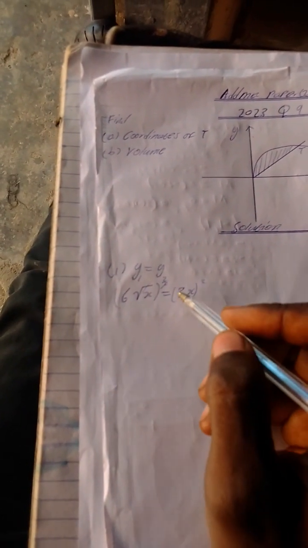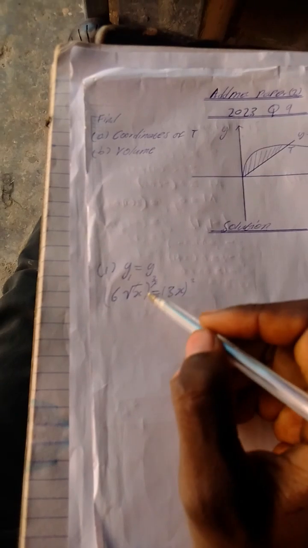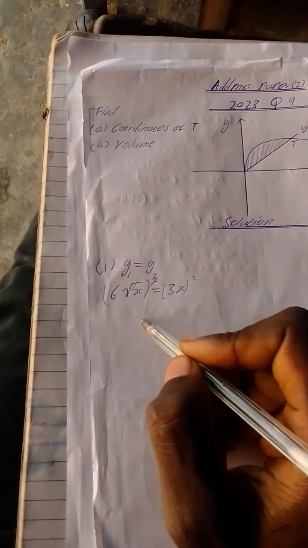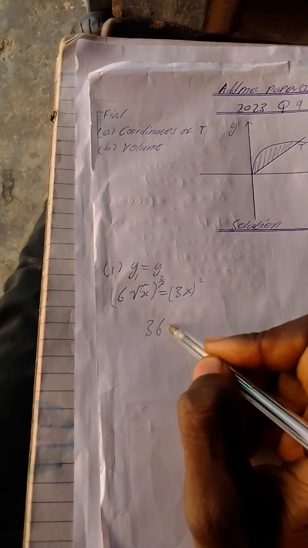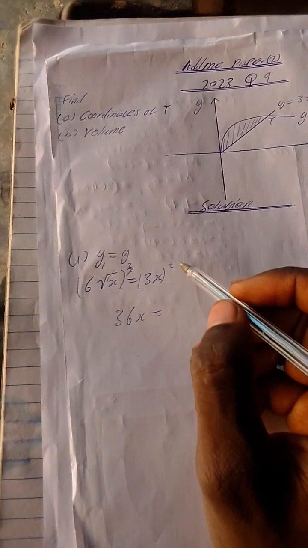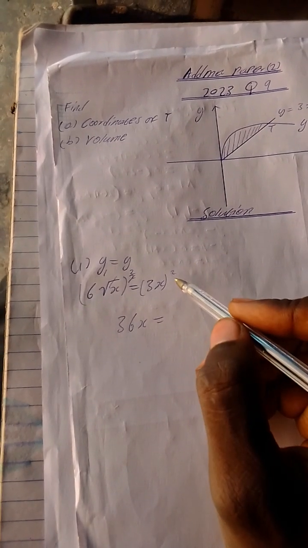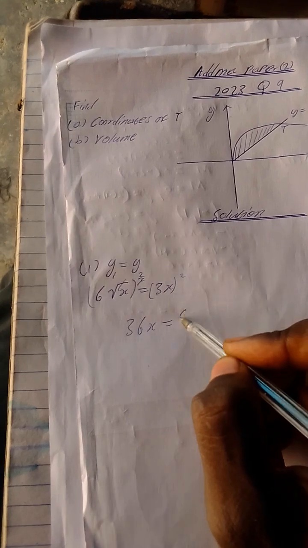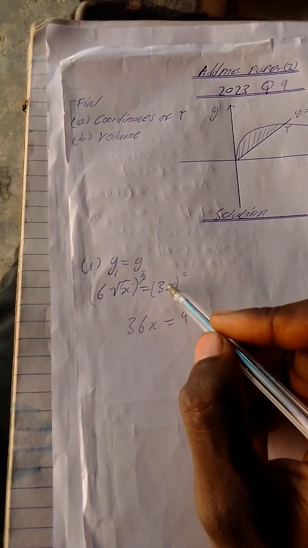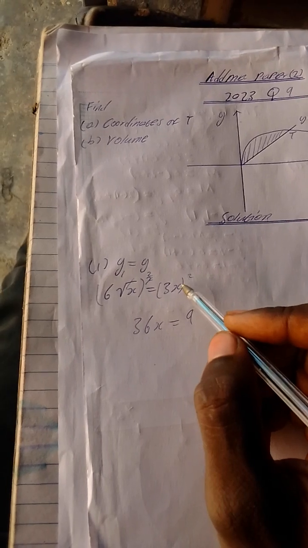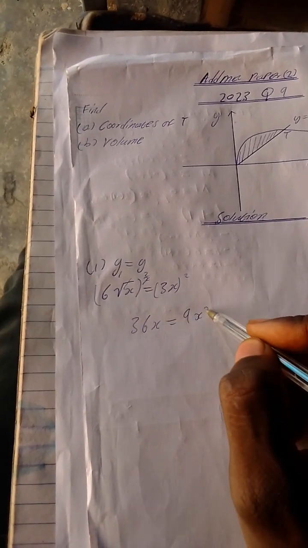You're going to remain with what's inside the bracket, 6, and you square 6 as well to give you 36x. Is equal to, when you do the square on the other side, 3 squared, 3 times 3 gives you 9. Since there is no square root on this letter, the power applies to the x as well, so it will be x to the power 2.